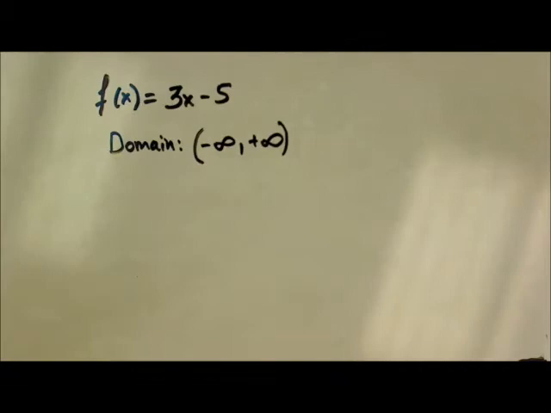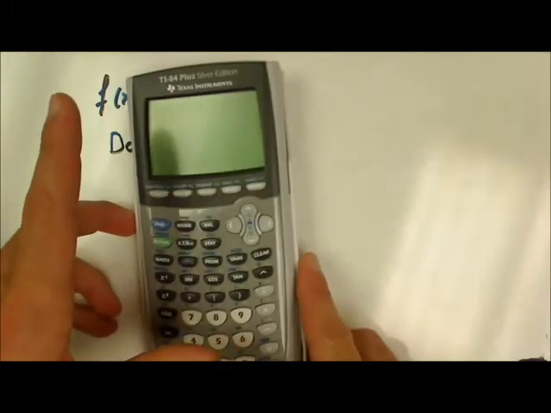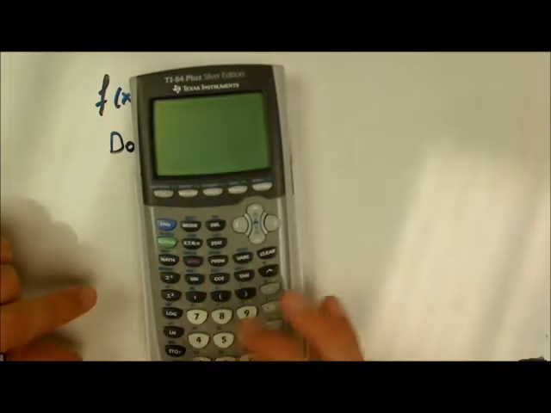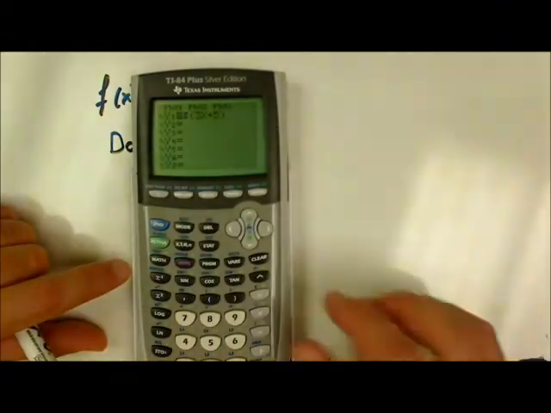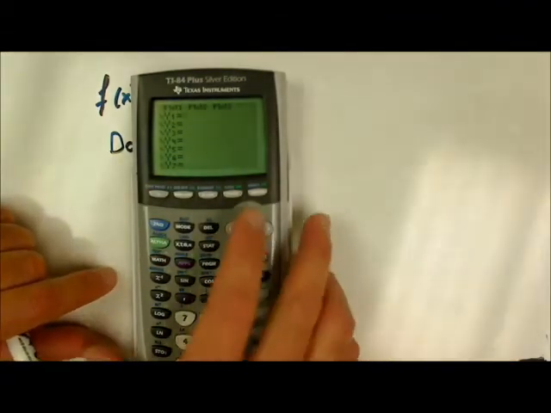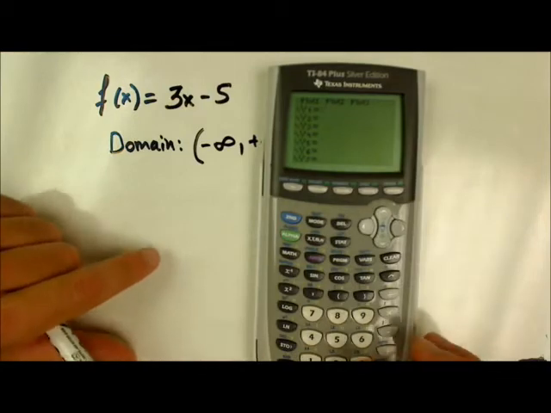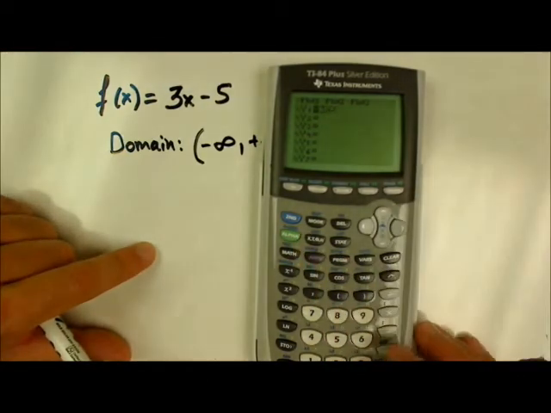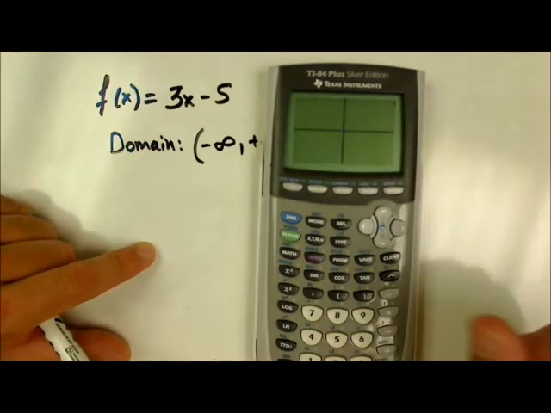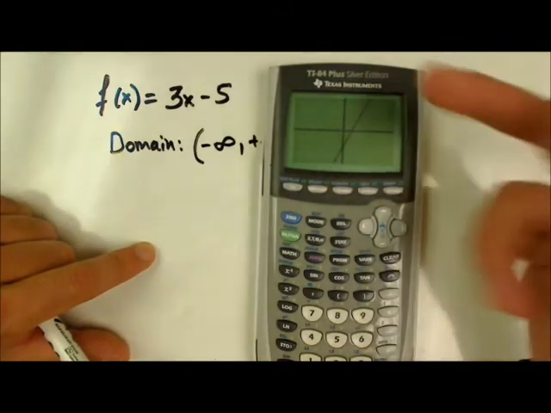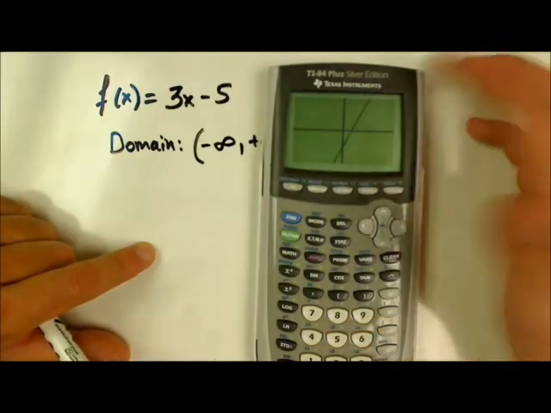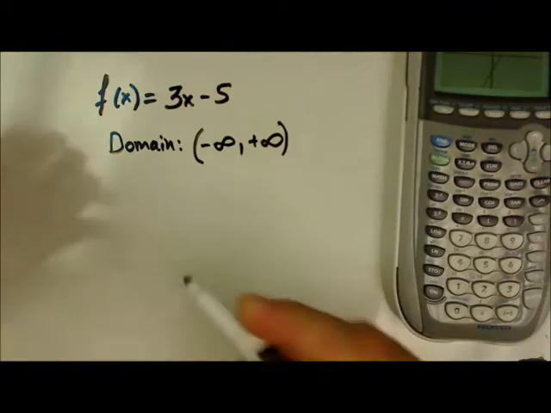Another way to check it is just using a graphing calculator. Going to y and plug in our function, which is 3x minus 5. Graph it, and you can see it comes from negative infinity to positive infinity, just a line.